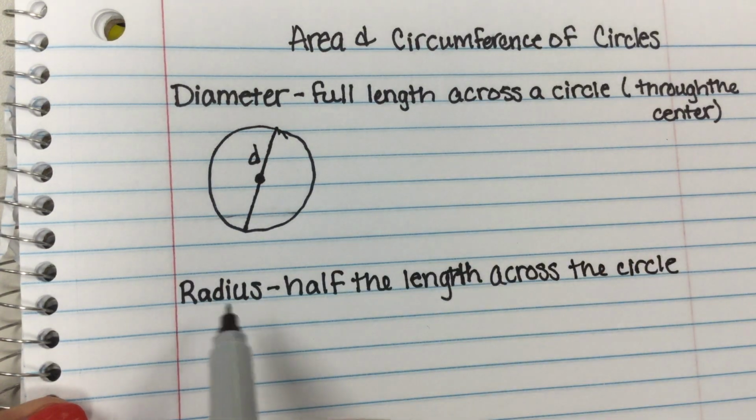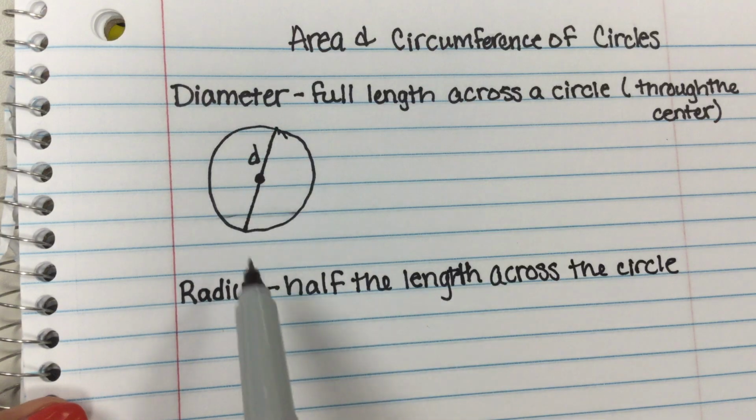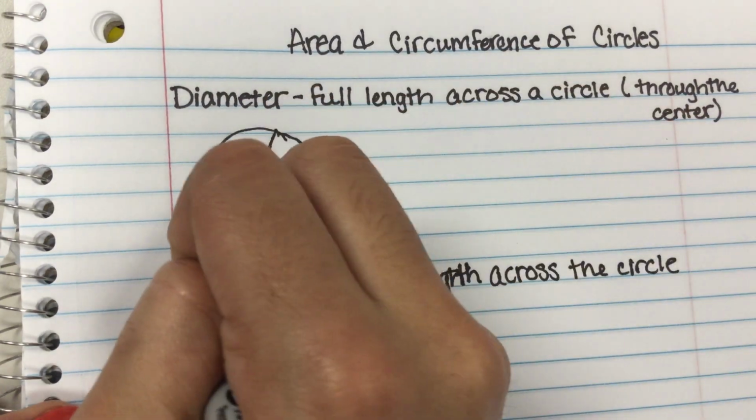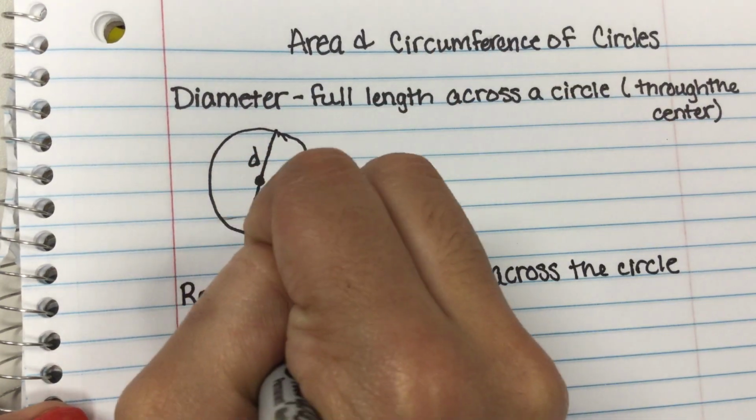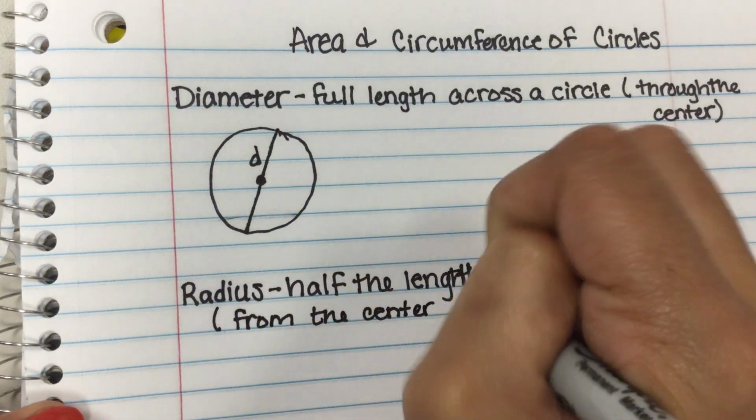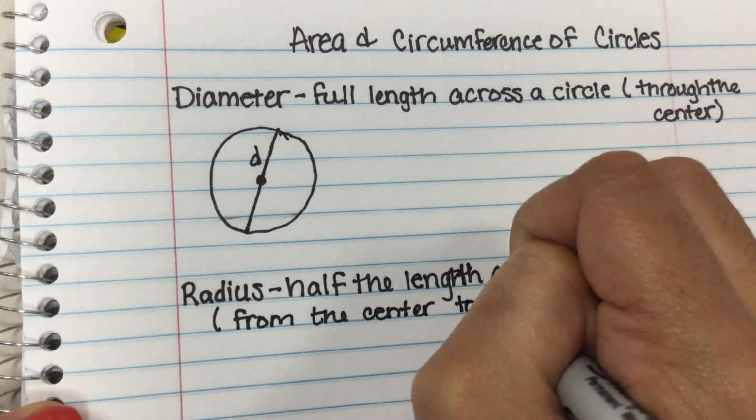You can see that whereas diameter is the full length across the circle, the radius is half the length, and this is still going through the center. From the center to any edge.